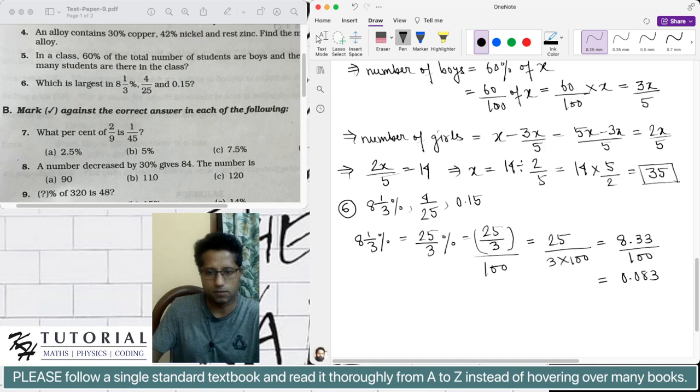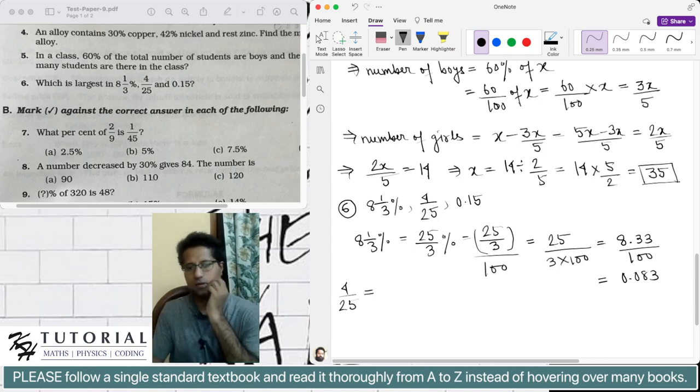Now we have to convert the fraction 4 by 25 to a decimal. How do you convert it to a decimal? One good way is that if you can multiply both the numerator and the denominator of the fraction so that the denominator becomes a multiple of 10, that is it becomes 10, 100, 1000, then do that.